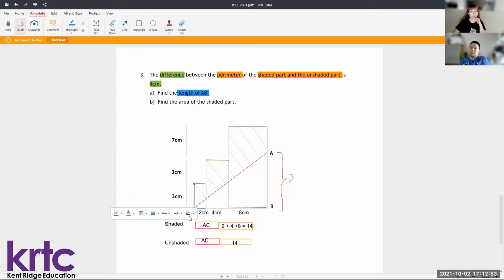Let's use the purple color. It will appear here as well. So this is 3 cm. Then the other one, which appears here, is also 3 cm.